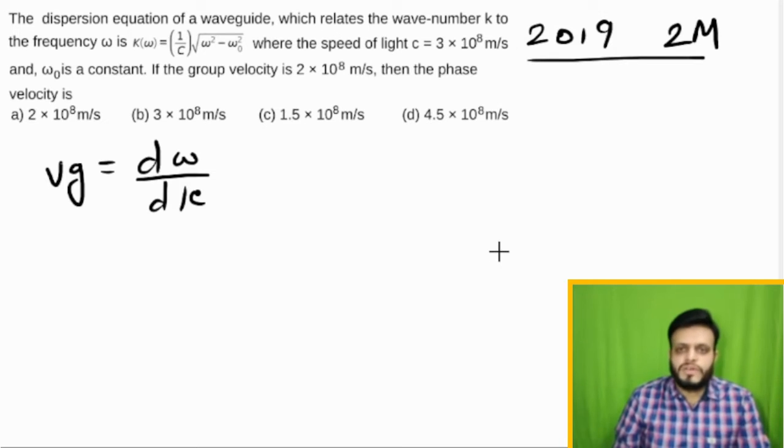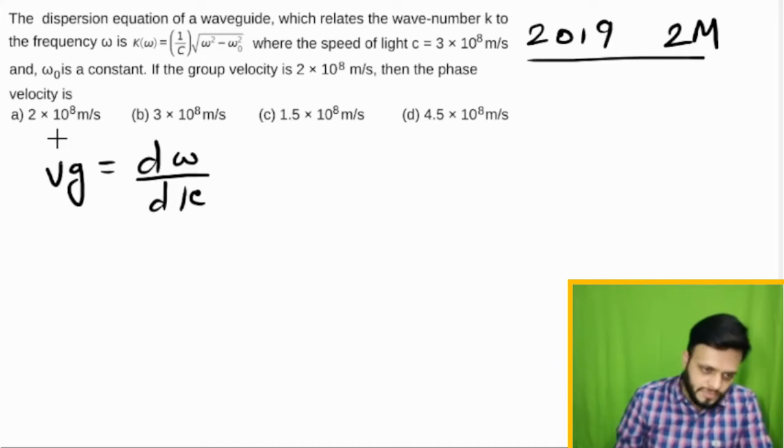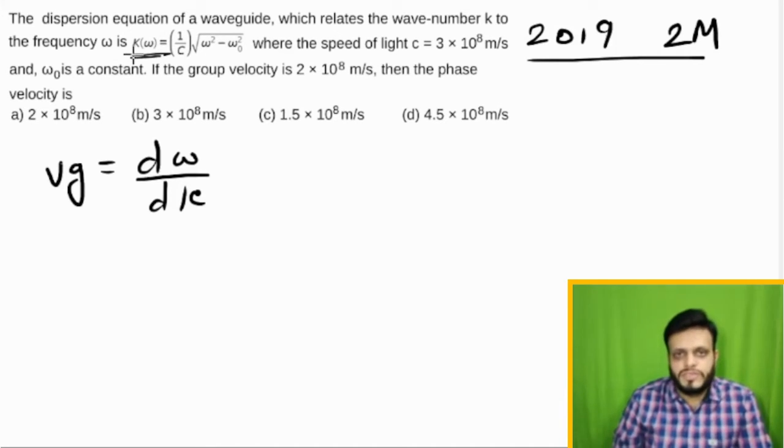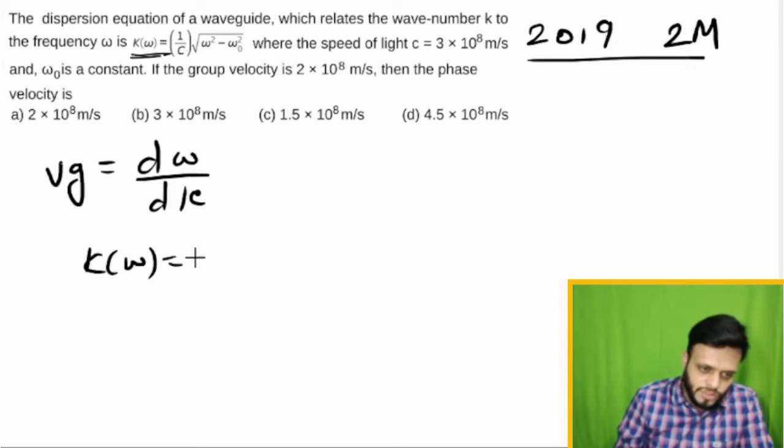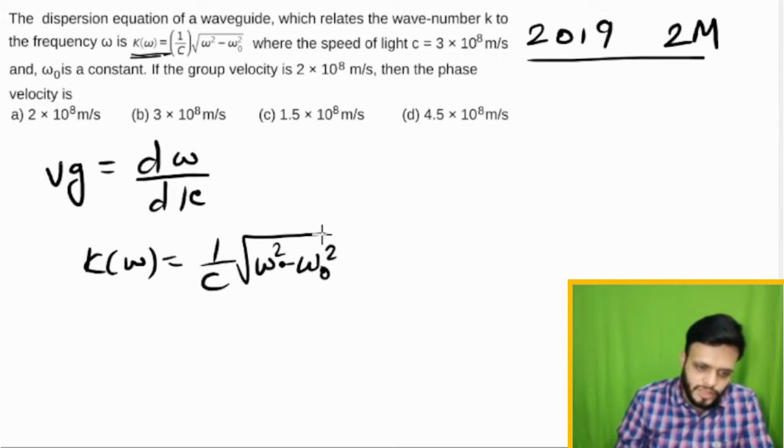Now we don't have the value of d omega by dk right here, but in the question the examiner has already given us the expression for the wave number, which is k equals 1 over c square root of omega square minus omega naught square.